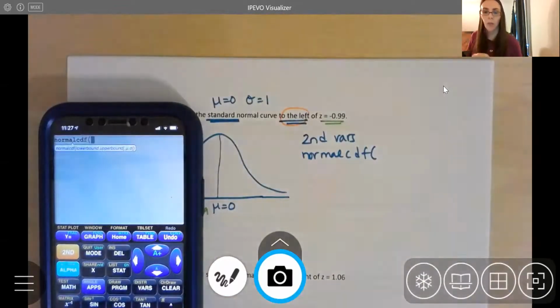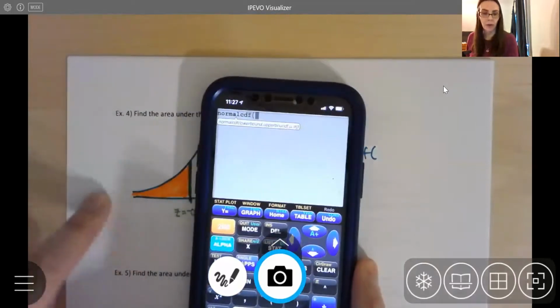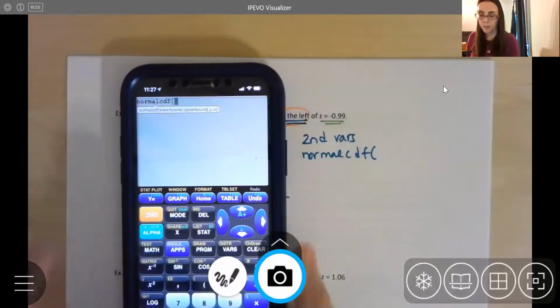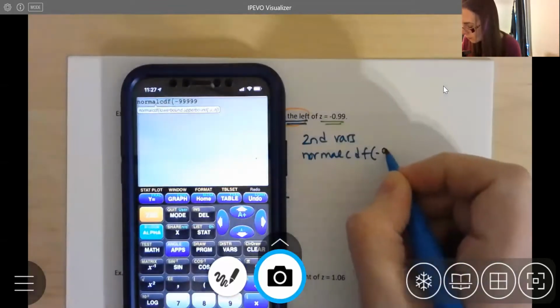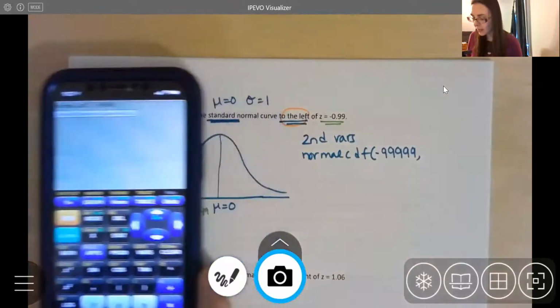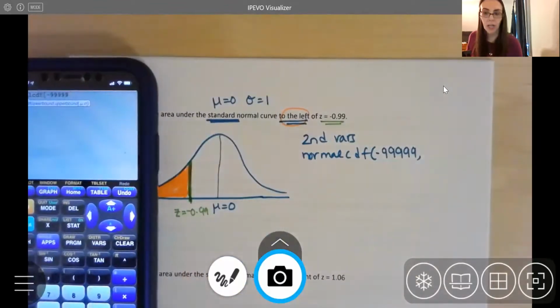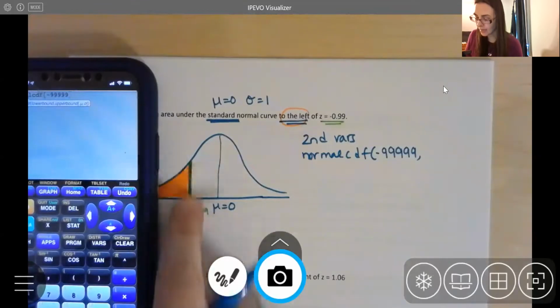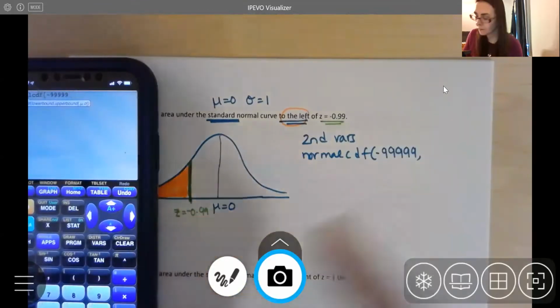What you do is you always put in first your lower bound. Notice that there is no lower bound, right? It keeps going left. So we're going to use negative 99999. And then you put in your upper bound. Where does the shading end on the right? It ends at negative 0.99.